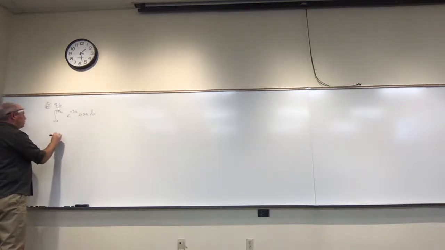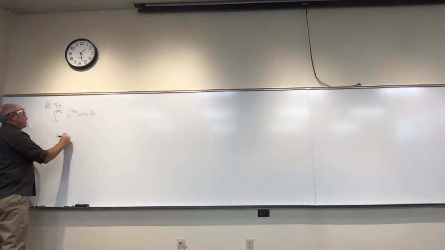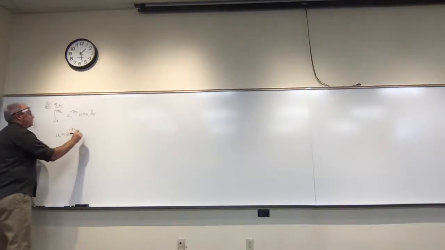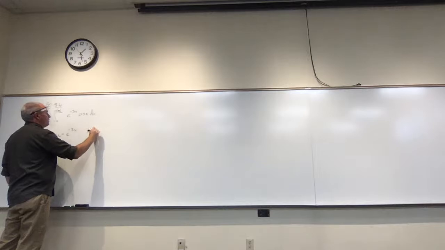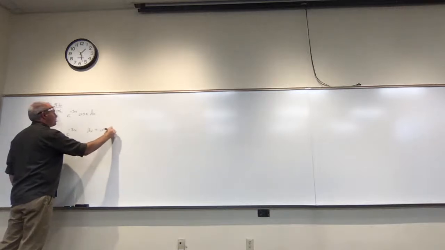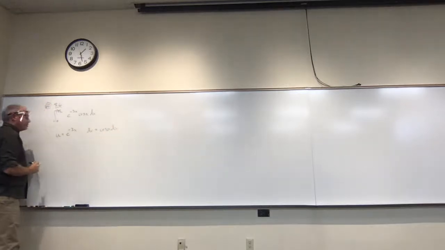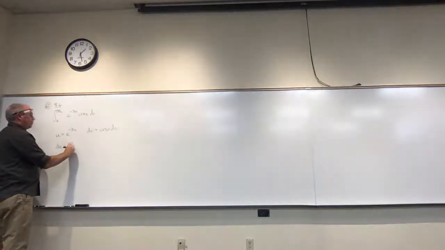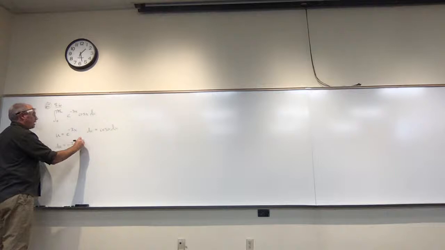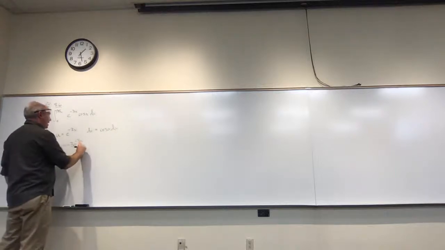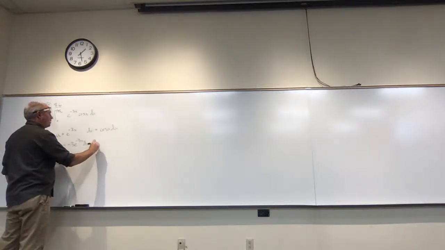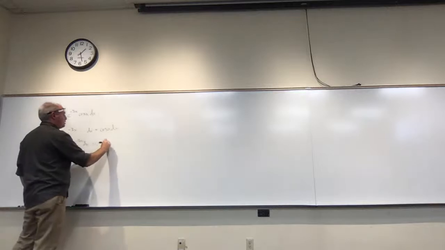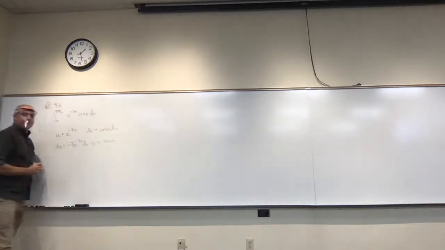So I want u to be e to the negative 3x and dv to be cosine x dx. Then du is equal to negative 3e to the negative 3x dx, and v is going to be sine of x.